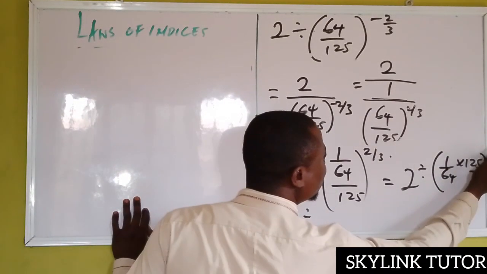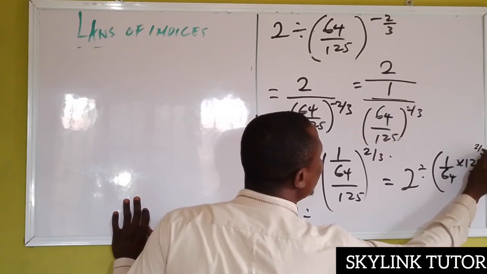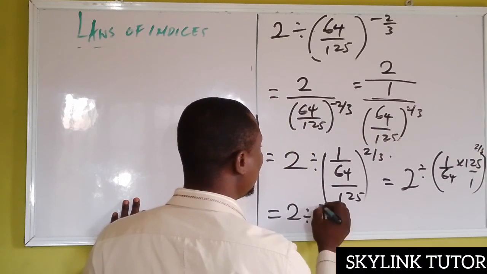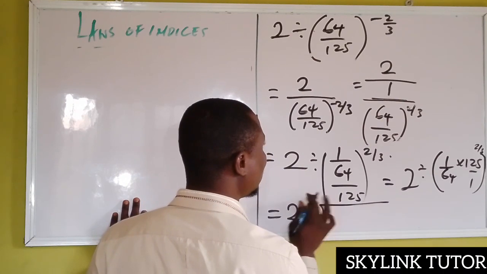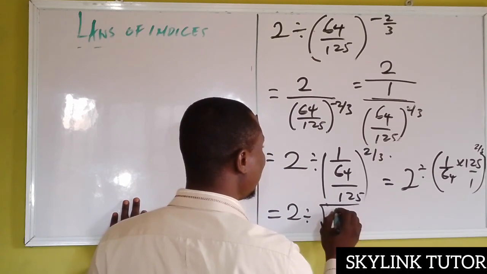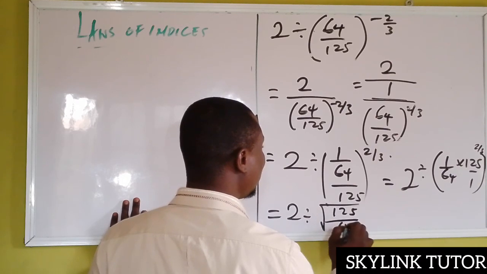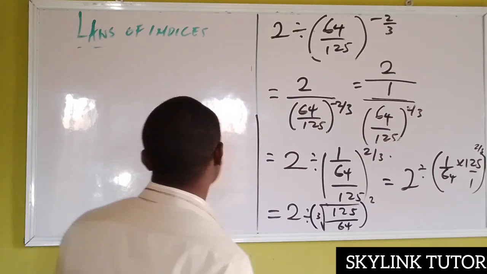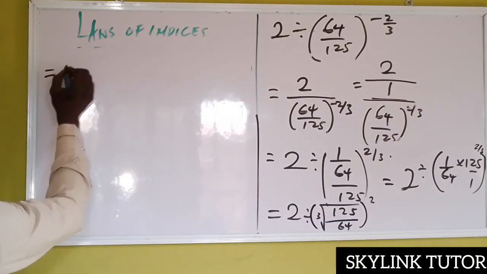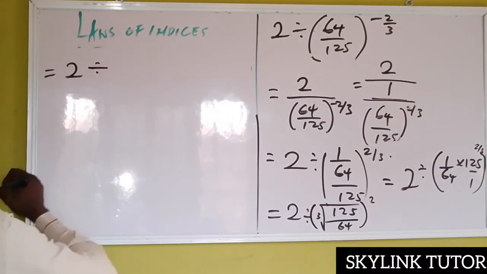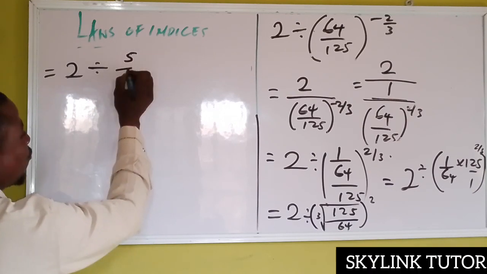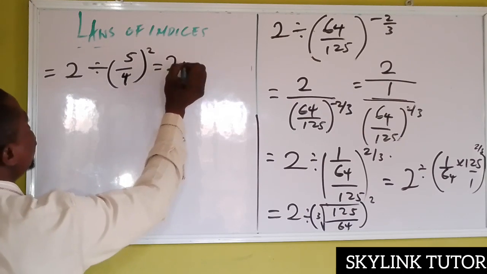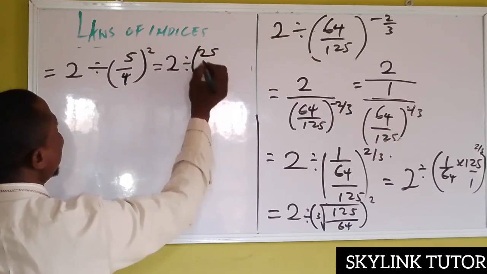Don't forget that we have something here, which is 2 over 3. At the long run, you have 125 all over 64, then you put your 2 here, put your 3 here. Am I still making sense there? Yes. This is 2 divided by 5 over 4 squared, which is 2 divided by 25 over 4.